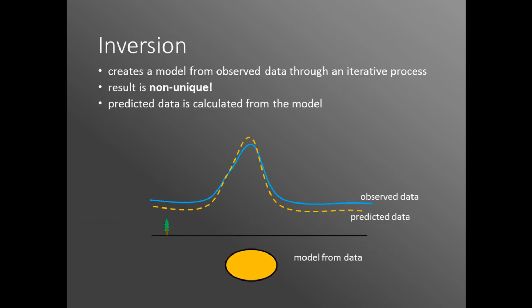Now we're going to step the other direction, through a process of inversion. We create a model from the data through this process called inversion. This is an iterative process, and there are all different types of inversions. I'm going to say this a couple of times, and the other geophysicists will say this too: you've got to be careful. Ken will warn you, everyone will warn you. The results are non-unique.